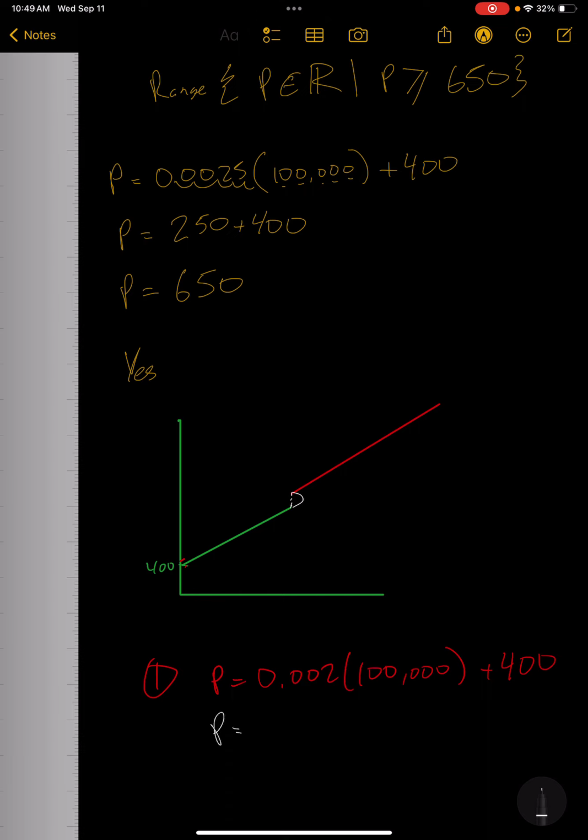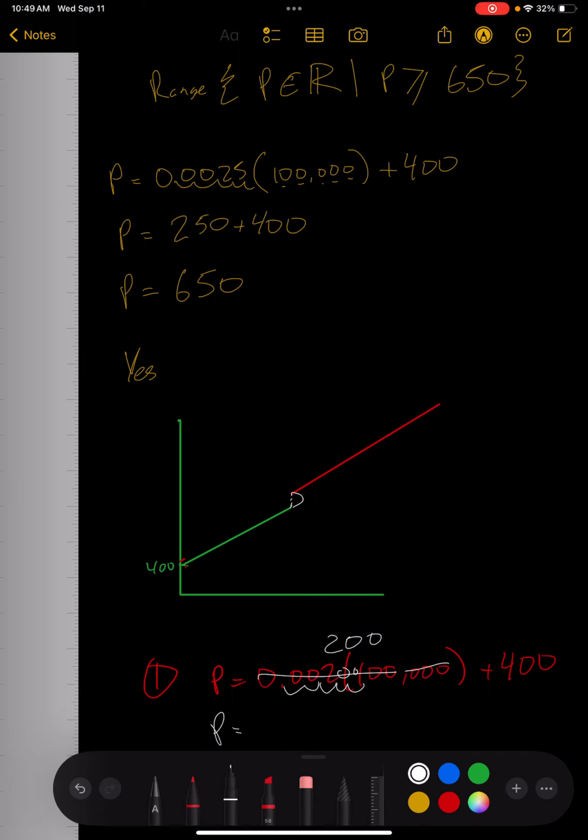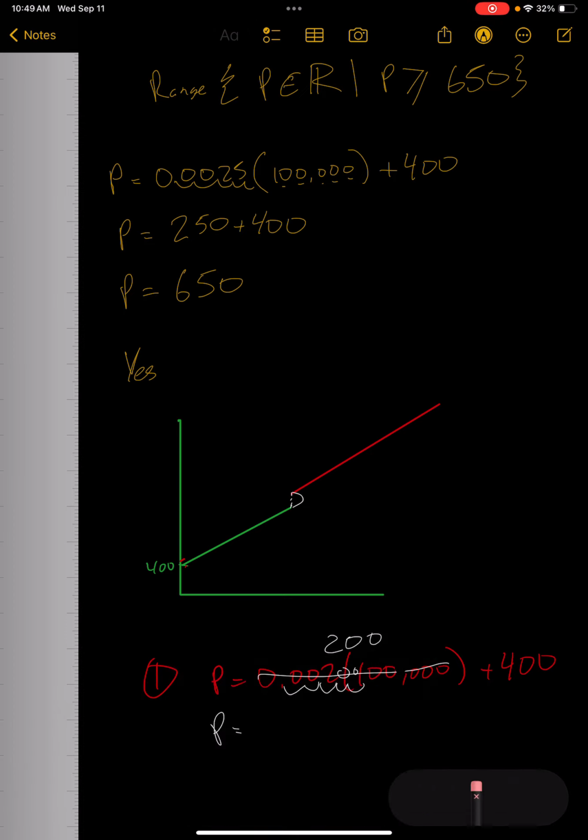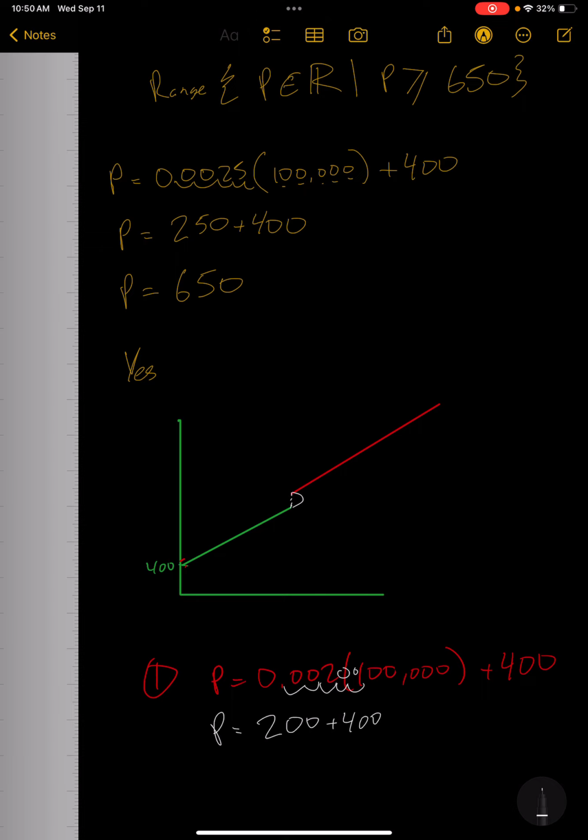P equals, move this 1, 2, 3, 4, 5, right? So this equals 200. Let's follow proper mathematical form. So the answer is 200 plus 400, which is equal to 600.